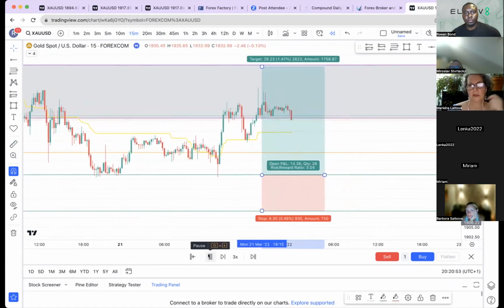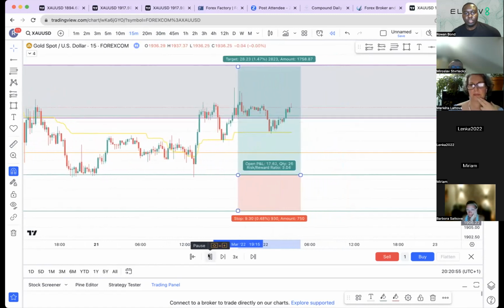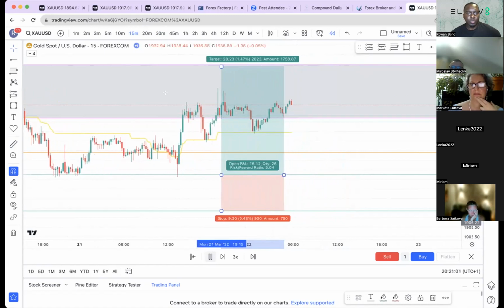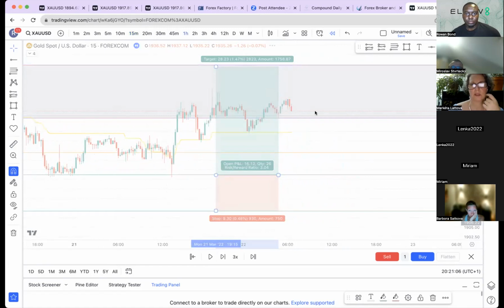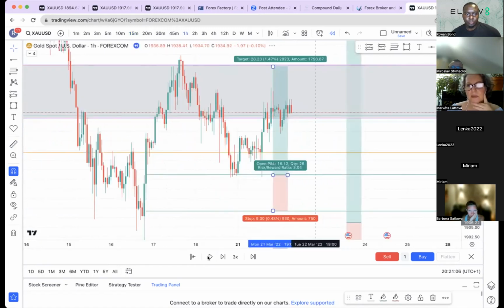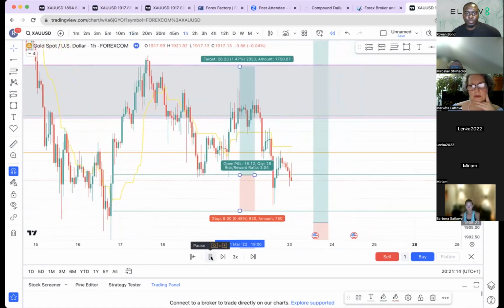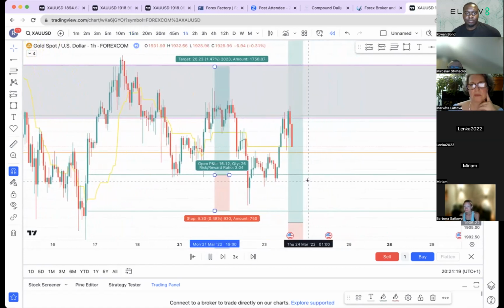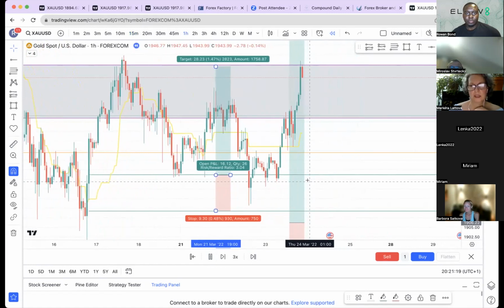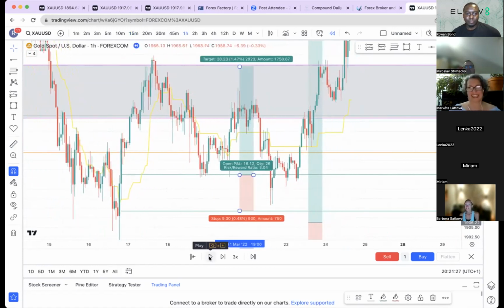Let me go to a higher time frame so it's faster. Oh, no, it would have almost stopped us out. It almost got us stopped out at the bottom, but we're still in. And take profit hit. Only now did we hit take profit, so a bit of nerves.